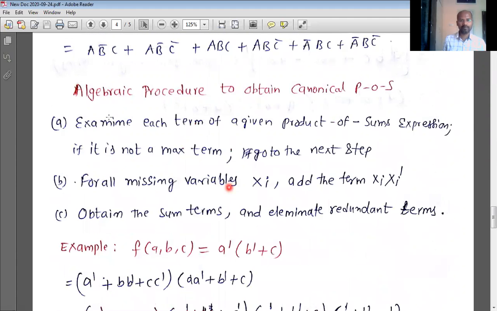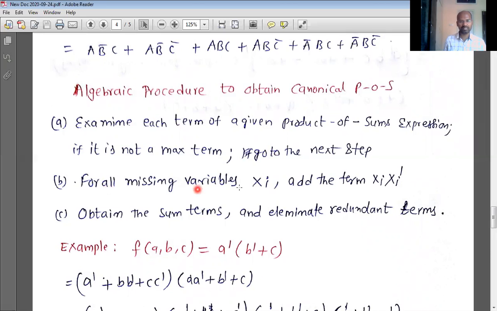Next one is the algebraic procedure to obtain the canonical product of sums, the other form of the canonical. These are the same rules. Examine each term of a given product of sums expression. If it is a max term, then go to the next step.